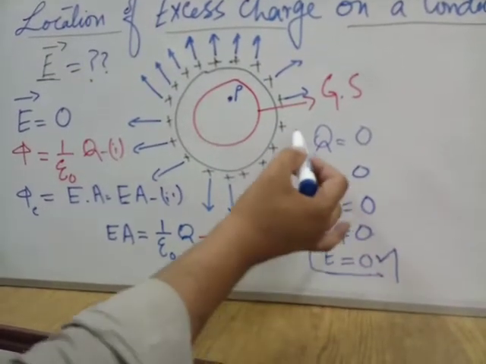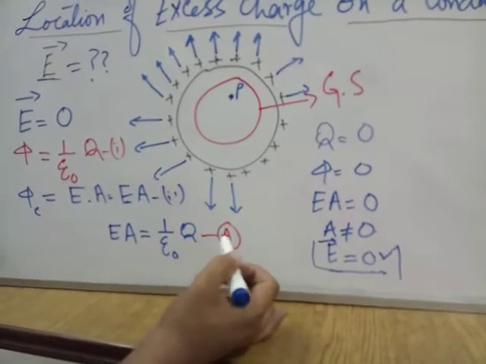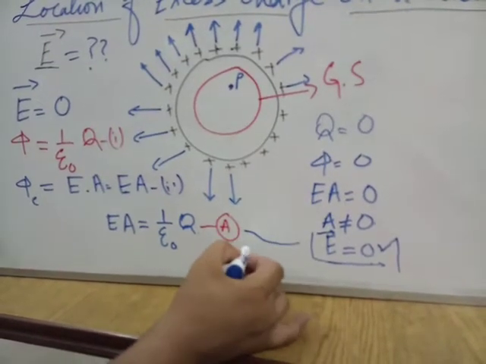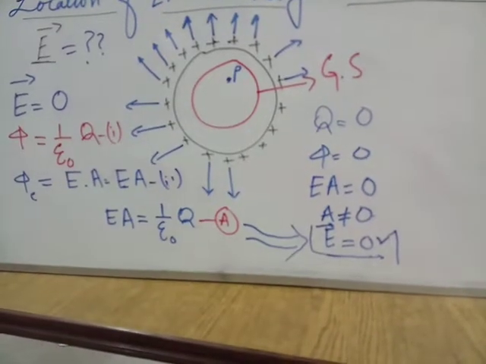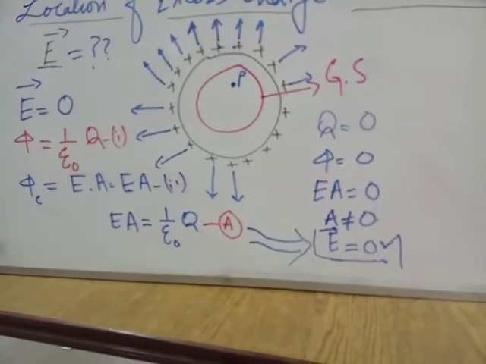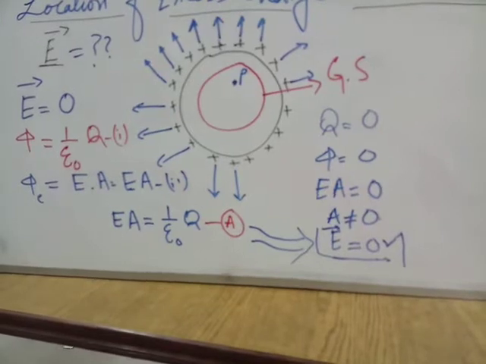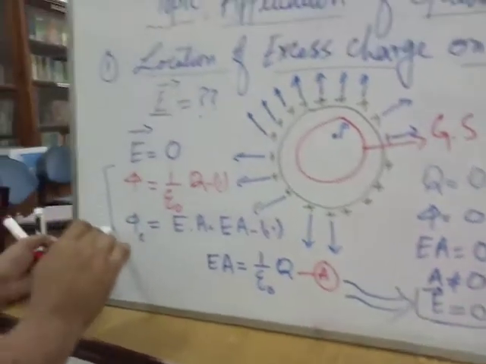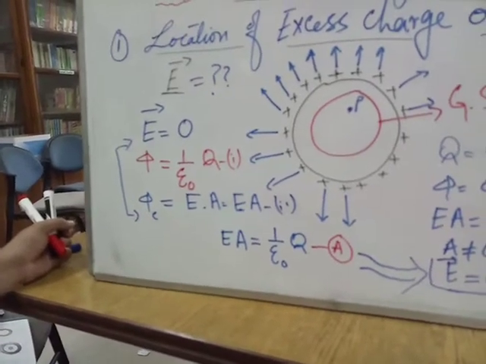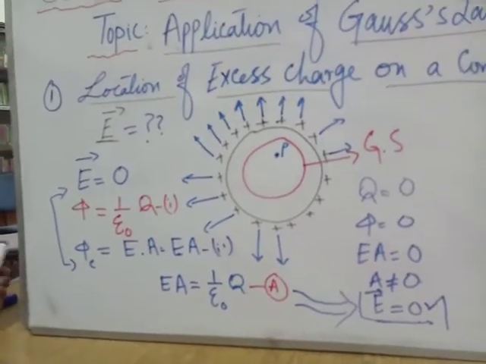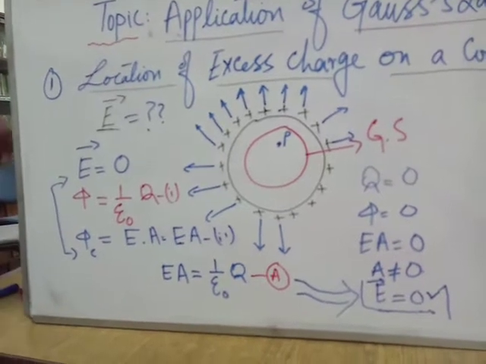Flux is 0 due to no charge placed inside the surface. So equation A becomes E equal to 0. From the definitions of Gauss's law and electric flux, we find the field is 0 inside a hollow charged sphere.